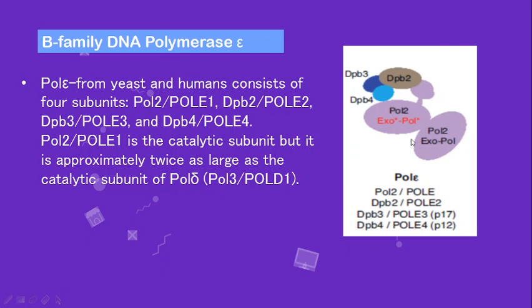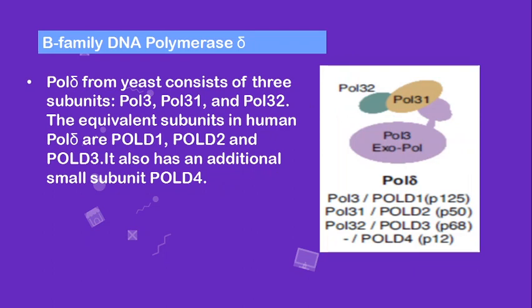In the yeast cell you can find these four subunits: POL2, DPB2, DPB3 and DPB4. DPB2 and DPB4 have kinase activities which help in the activation of MCM. This enzyme polymerase 2 has repair function, and it has exonuclease activities which are restricted to the N-terminal end, while in the C-terminal end the exonuclease domain plays a more important structural role.